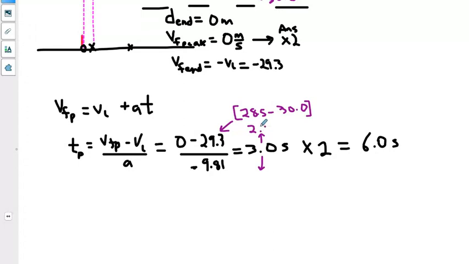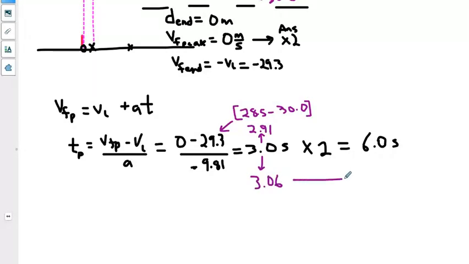I got 2.9. I'll carry one extra sig fig right now. My low end, I got 2.91. And my high end, I got 3.06. You guys getting those two?